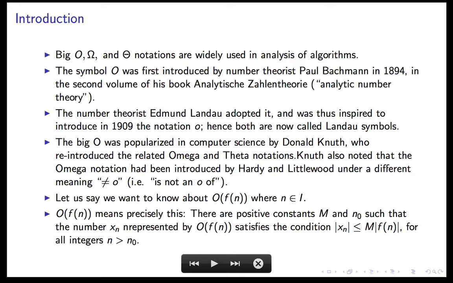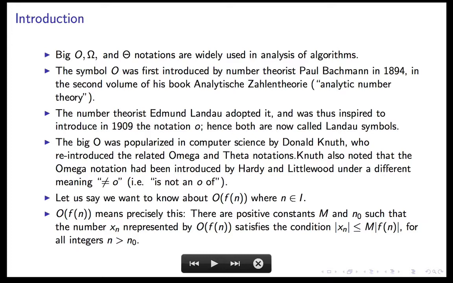Now big O notation is the most widely used notation for analysis of algorithms. This was initially given by Paul Bachmann in his book Analytic Number Theory. A little bit of this material I have taken from Wikipedia, so here is the attribution towards them.